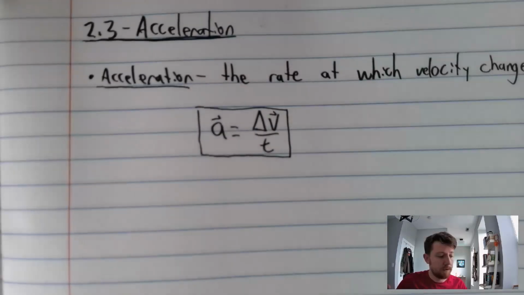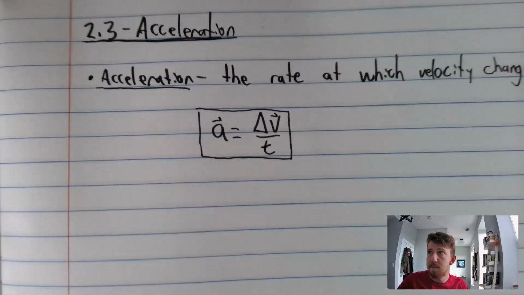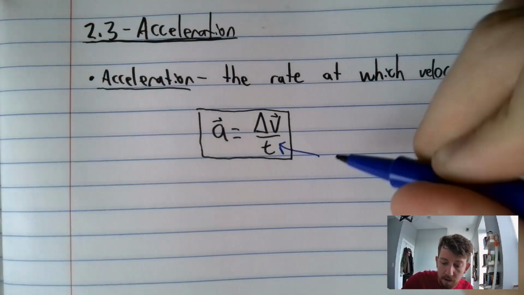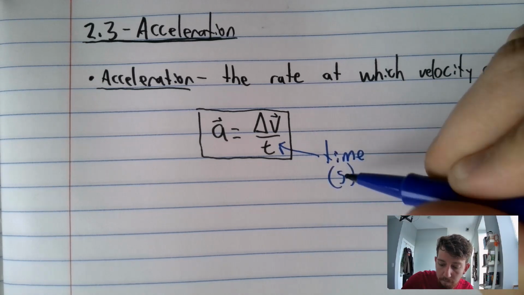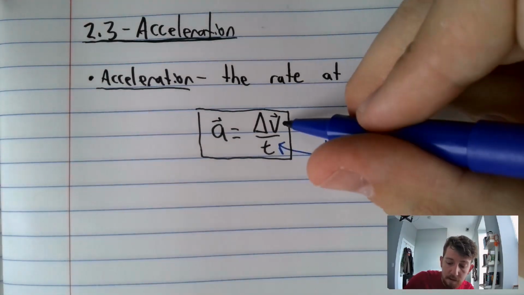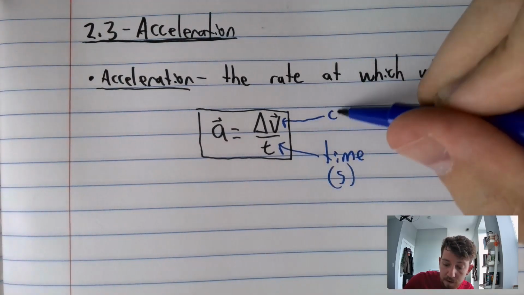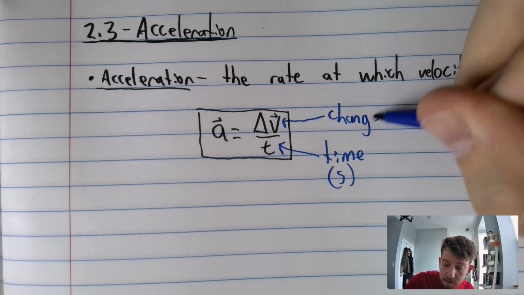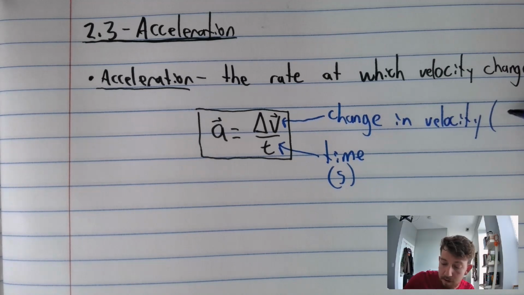Let's go to units. Of course, time is going to be measured in seconds, as usual. Velocity, well, change in velocity is what this actually means. The triangle means change. That's measured in meters per second.